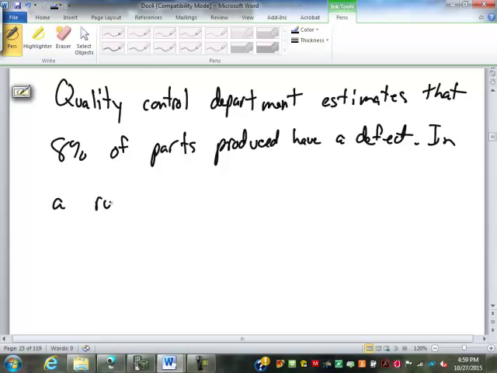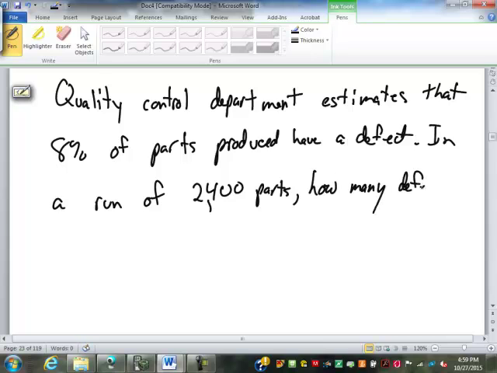In a run of 2,400 parts, how many defective parts are expected?